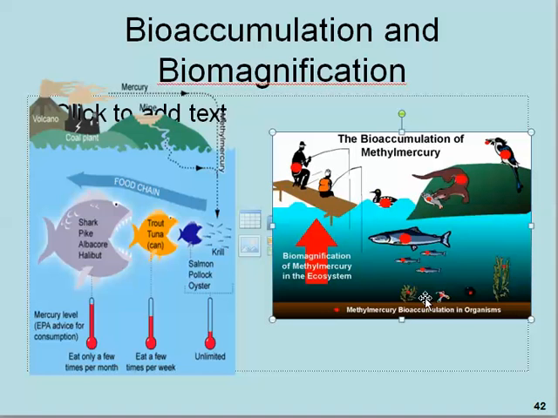Because mercury is not metabolized and gotten rid of by the body through normal excretion, remember we talked about kidneys, they remove toxins from our blood. Well, that's not the case with mercury. It builds up in our fatty tissue.